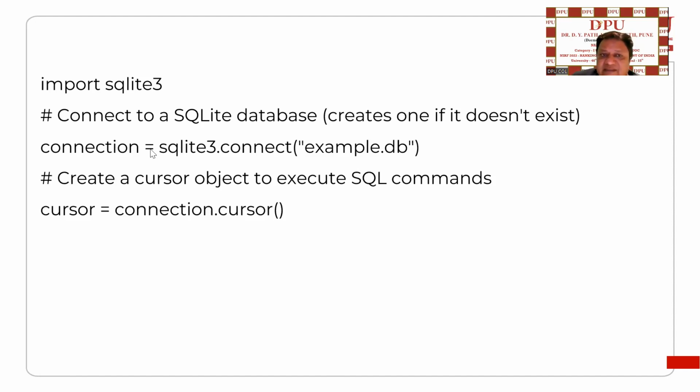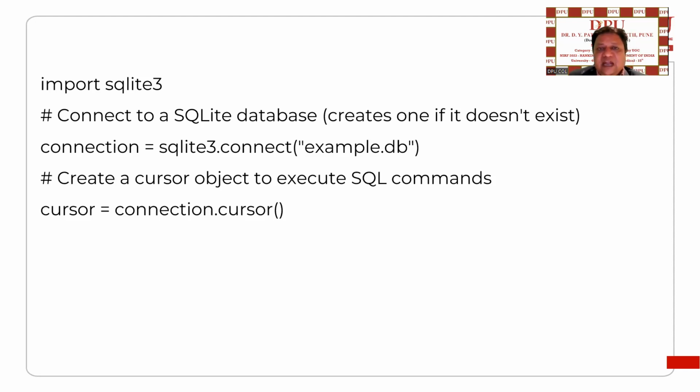So how to write this? You can say connection is the object name. You can give any name here. But whenever you are giving a name to a variable, try to see that the variable name is relative to the task that you are performing. So here I'm creating a connection, so I can give the name as say con, or I can say connection.